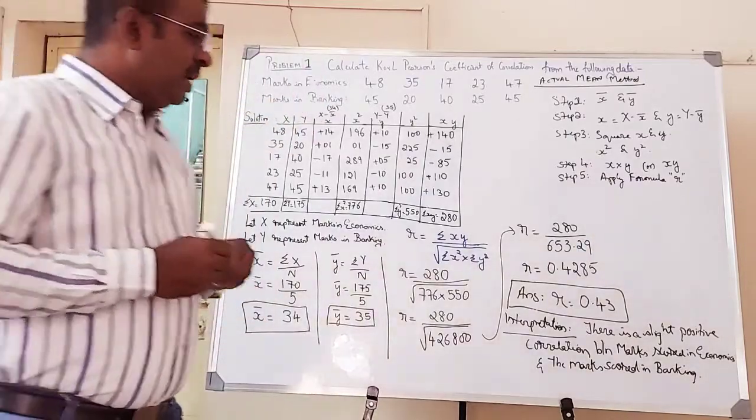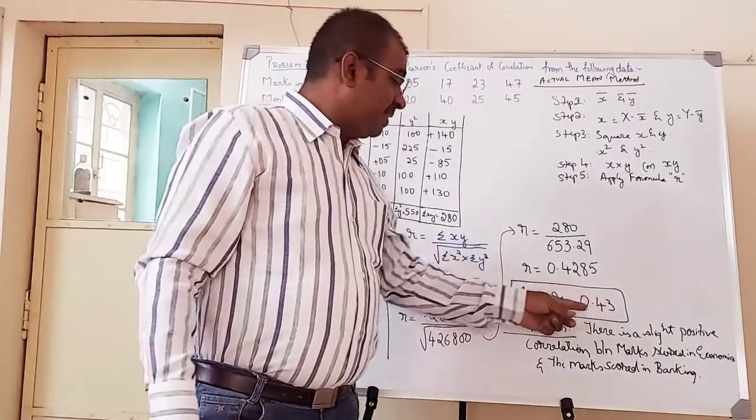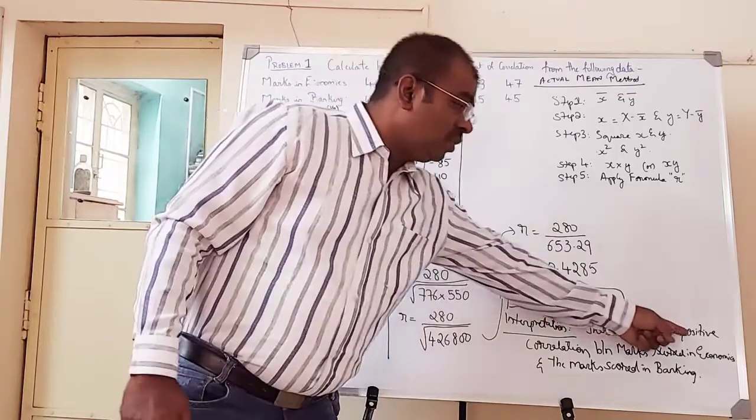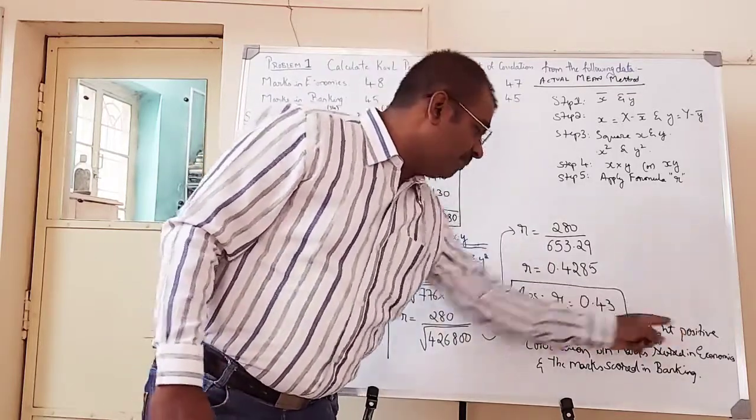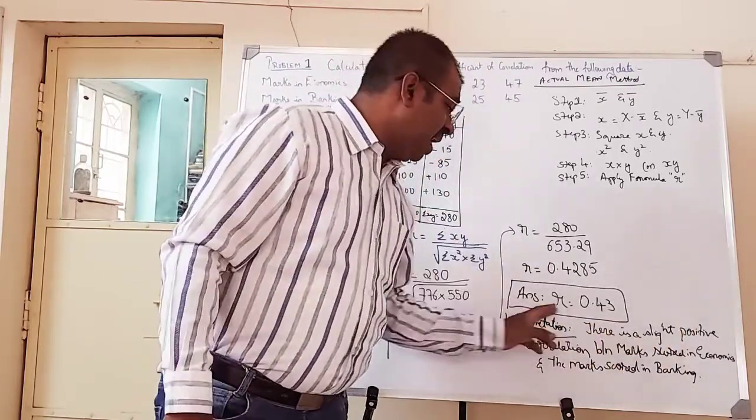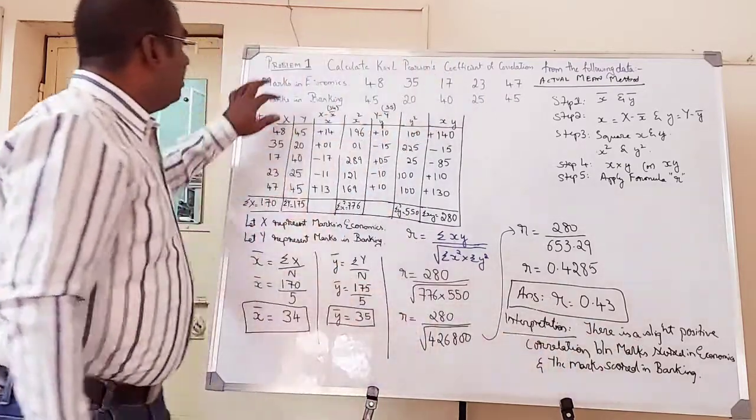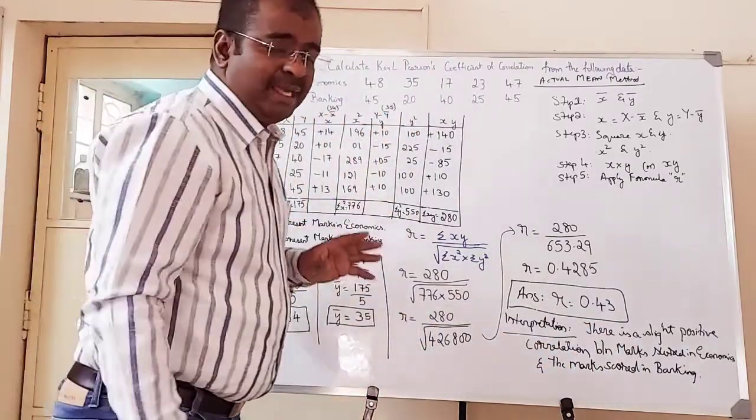What is the interpretation? It is 0.43, which means there is a positive correlation, and it is a slight positive correlation between the marks scored in economics and marks scored in banking.